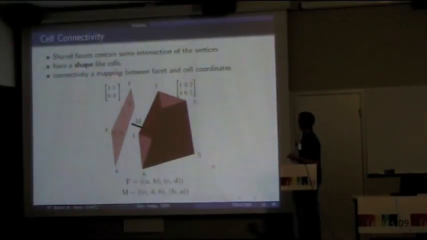And we have connectivity mappings between facets and cell coordinates, meaning we can look at the vertices that are adjacent to a cell and a facet and create a mapping based upon this. So essentially, we inject the facet coordinates into the cell coordinates.